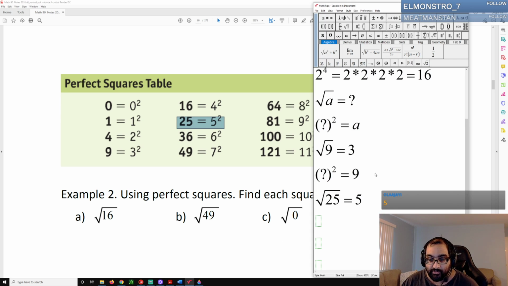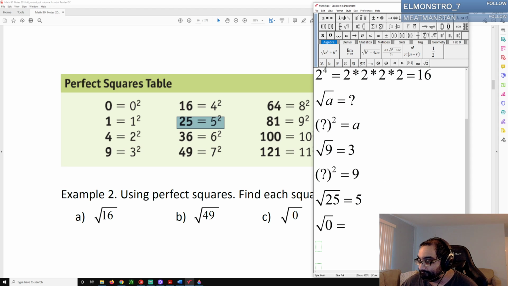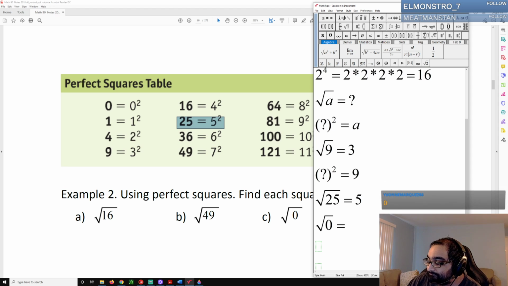Let's look at another one here. Actually, we'll do that next one I see there. Square root of 0. The square root of 0. That's correct. Right, 0. Nice. Spot on there.